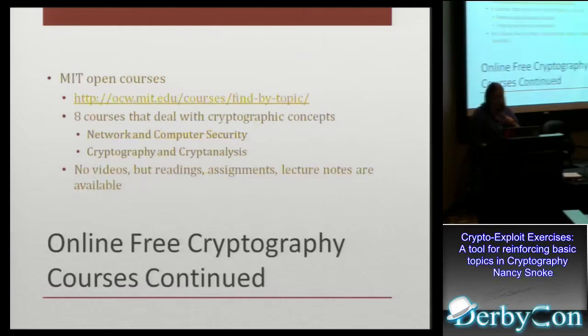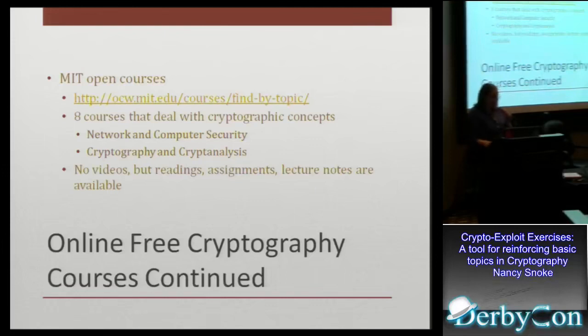Now if you want something more in-depth, then there's the MIT open courses. They have 8 of them. The 2 that I thought would be most useful were the network and computer security course, which almost completely focuses on cryptography, and also hashes to a large extent, but that's basically cryptography.